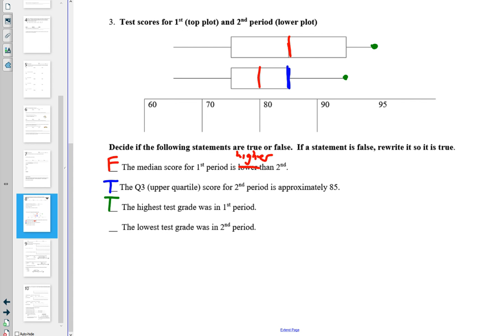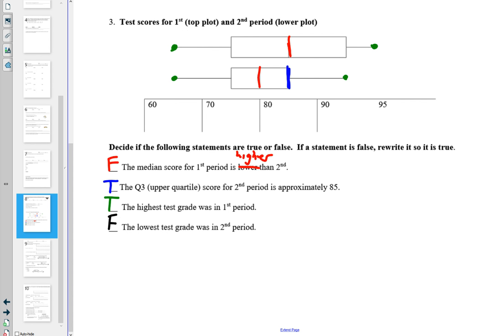Well, that would be on the left side of the whisker. That appears to be false. Why? Why would that be false? Yeah, it looks about the same. It looks like they have both the same minimum.